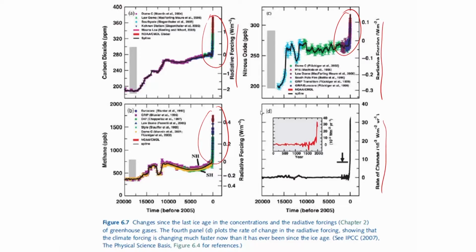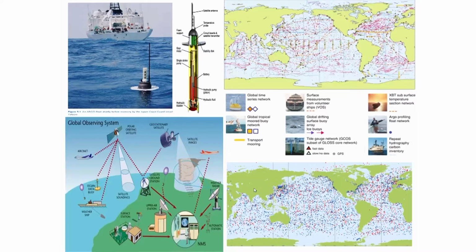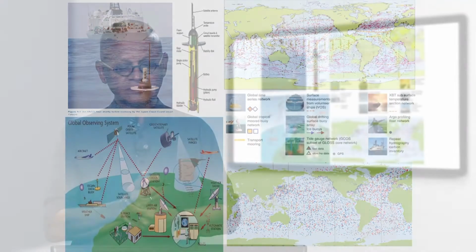Okay, and the radiative forcing is on this side. So we are definitely beyond any natural variability at this point, and compared to what time period depends on what you are looking at. We are definitely beyond the deglacial time since the last 20,000 years. Looking at Antarctica, CO2 levels are definitely beyond the last few million years, and so on and so forth. We have to always keep those things in mind.